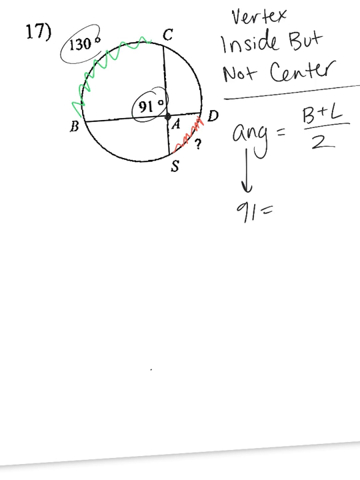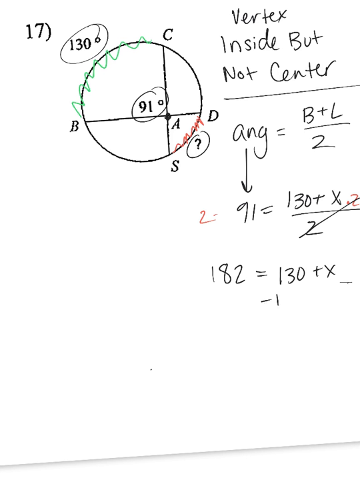The big arc is 130. The little arc I'm going to call x and divide that by 2. Again, multiply both sides by 2 to get rid of that fraction. And it looks like I've got 182 equals 130 plus x, minus that 130 from both sides, and we have x equals 52 degrees.